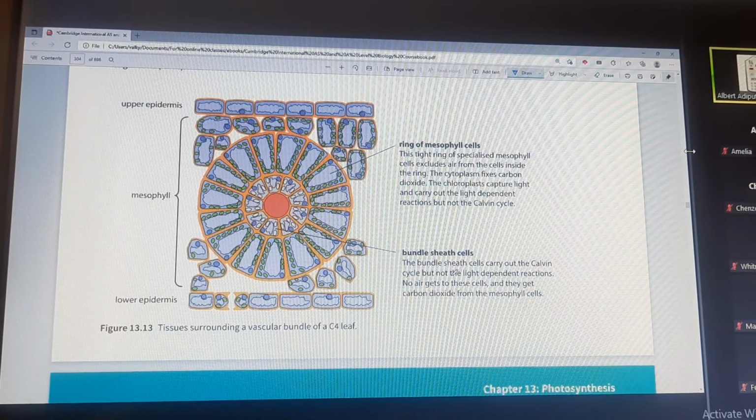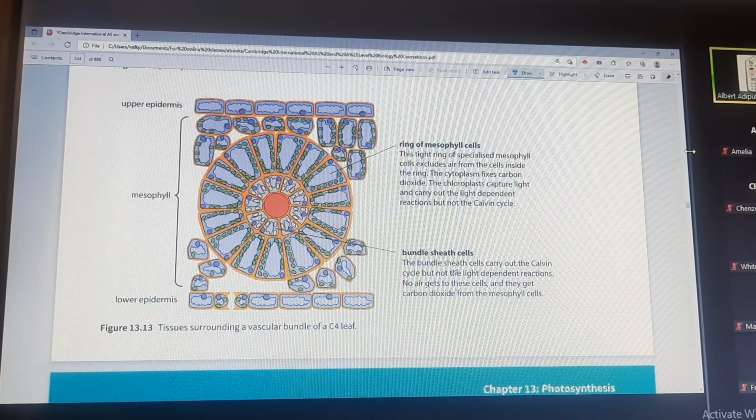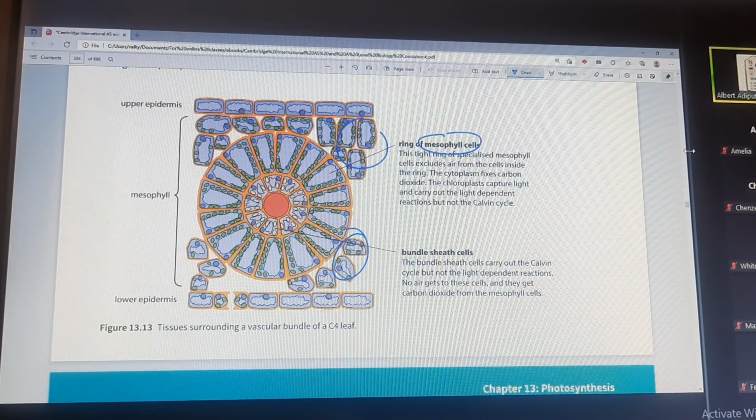Now, what's unique about C4 plants is in the leaves. Normally we find the mesophyll cells as palisade and as spongy. That's in C3 plants.